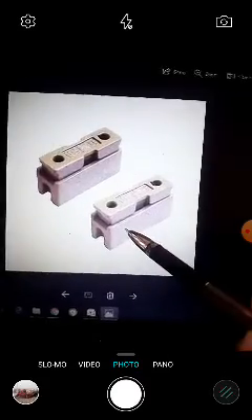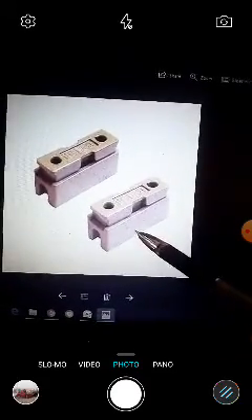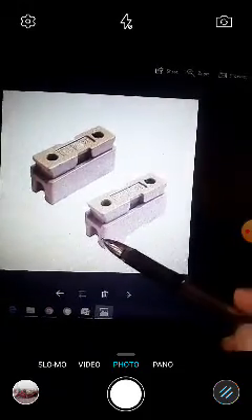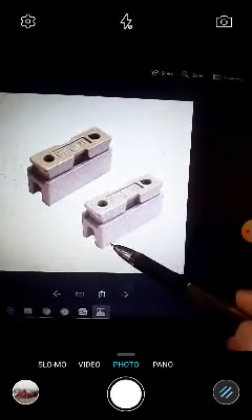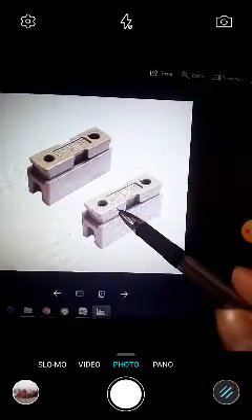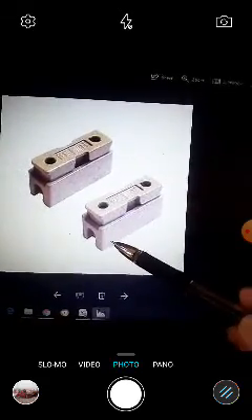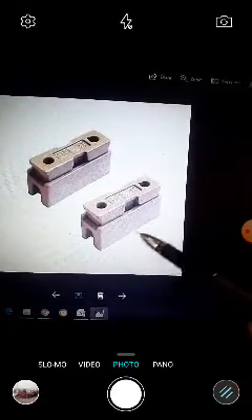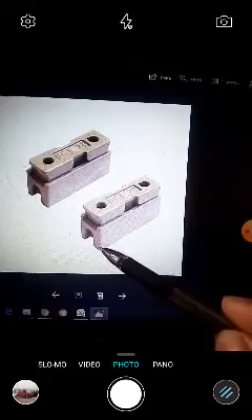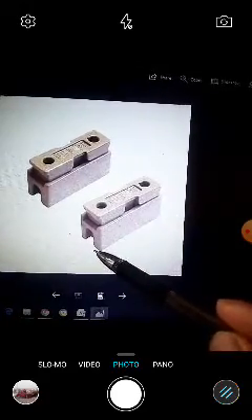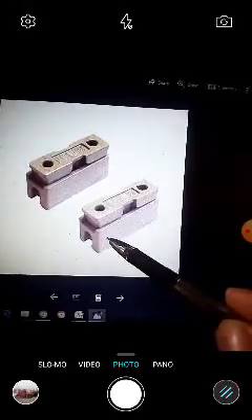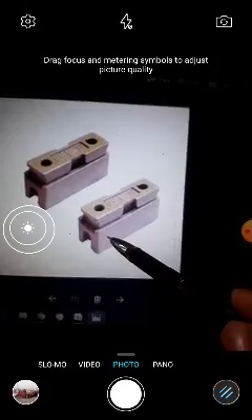Now we are going to draw only this particular thing. If you remove the fuse carrier, this is the body, and the body consists of length L, height H and breadth.